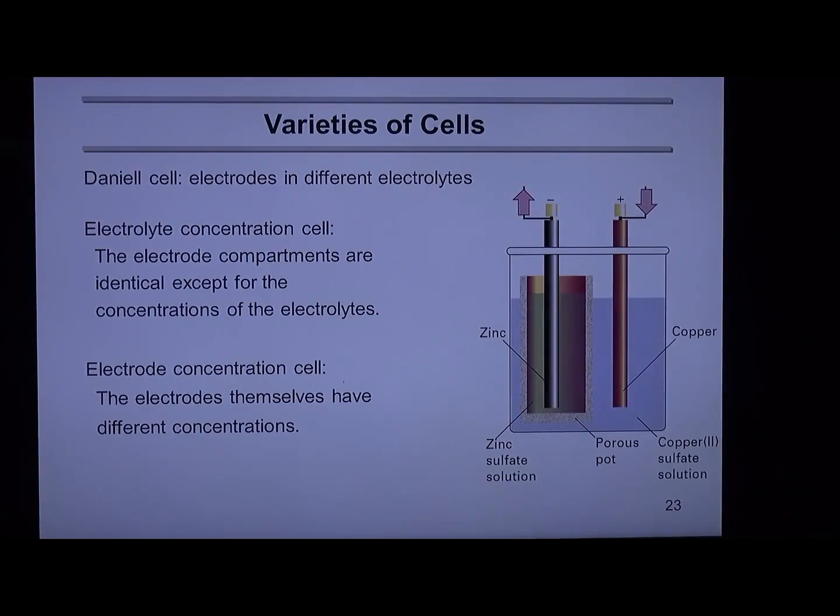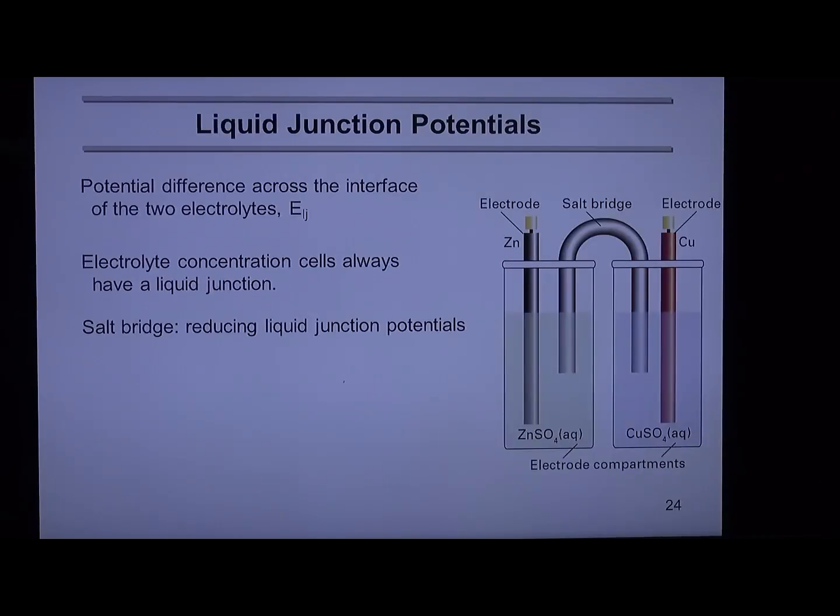Varieties of cells. There are many different kinds of electrochemical cells. Daniell cell, electrolyte concentration cell, electrode concentration cell, etc., depending on the type of electrolyte and on how the electrolyte is formed with the electrode. So you can just read the textbook about this. Liquid junction potential.